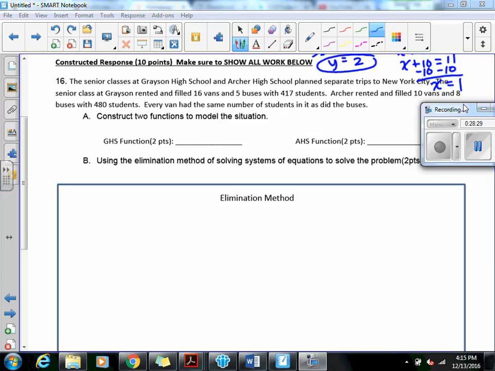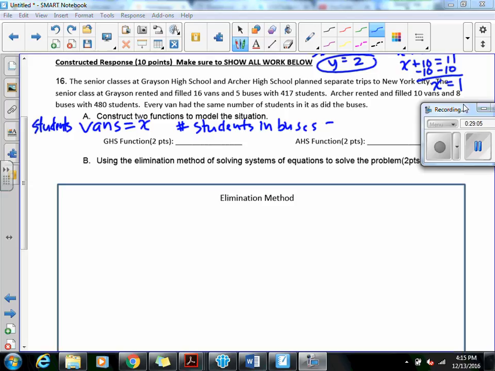First we want our functions. This is just like the ticket problem that we did earlier for the show, with the student tickets and the senior tickets. I'm going to let x be the number of students in the vans, and y be the number of students in the buses.